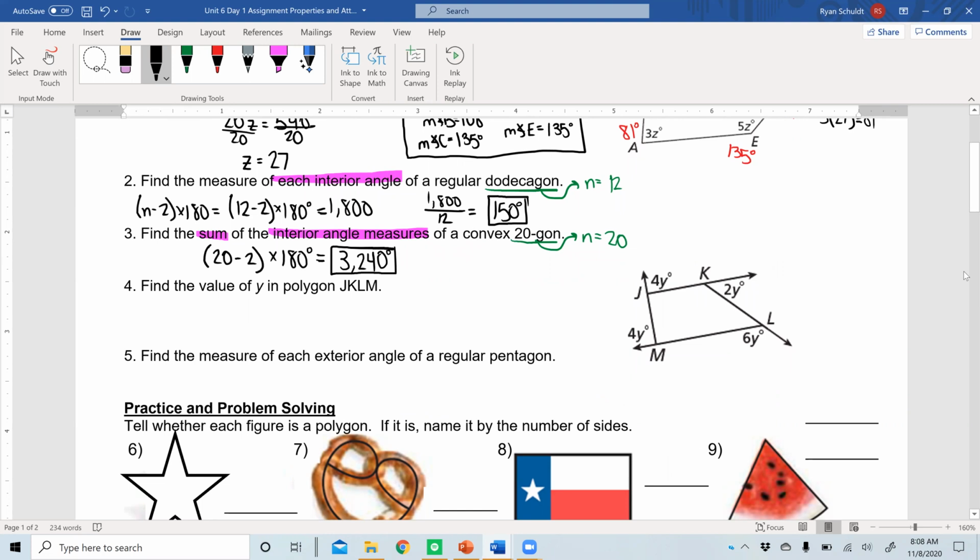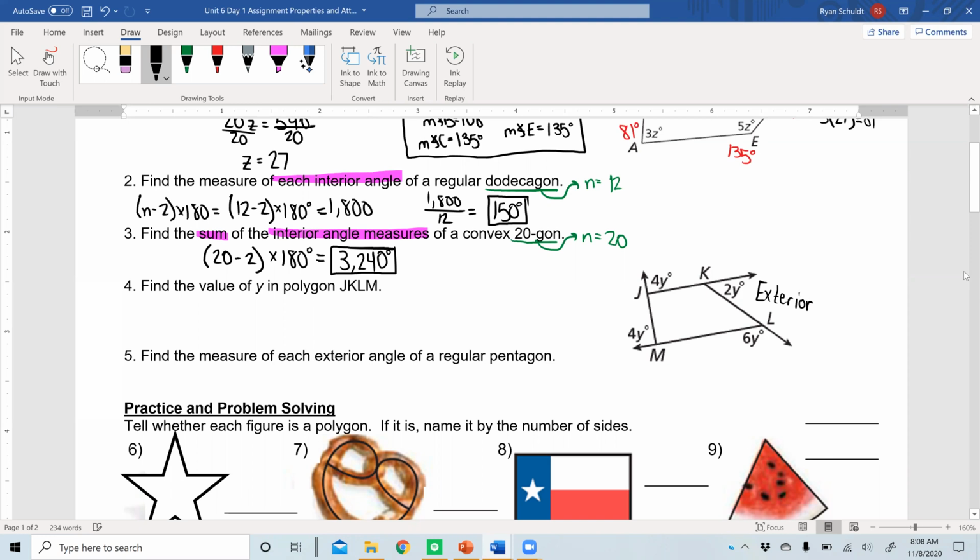Okay, number 4, find the value of y in polygon JKLM. They want us to find y. Well, what do we notice about all these angles here? They are exterior.